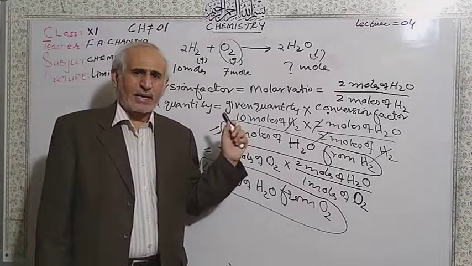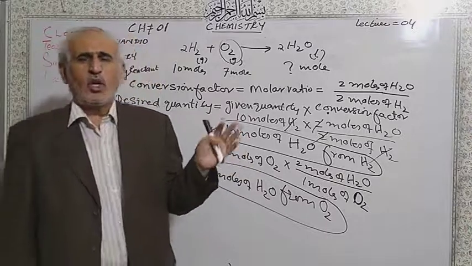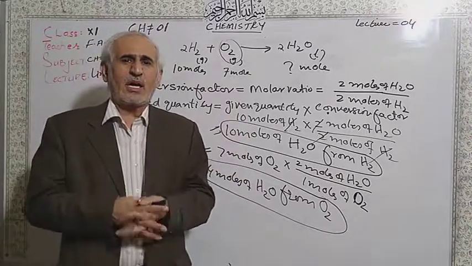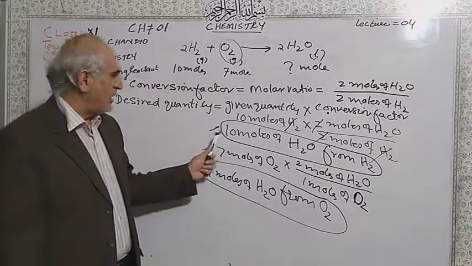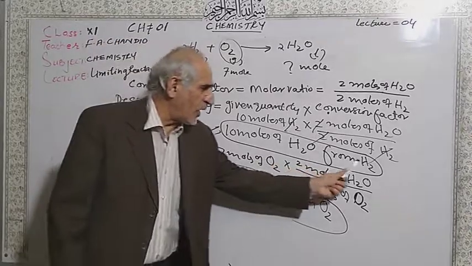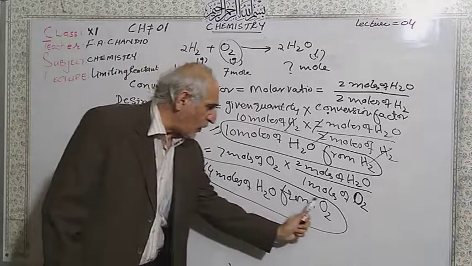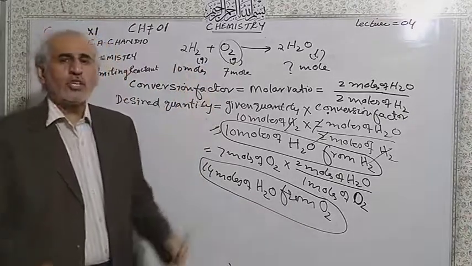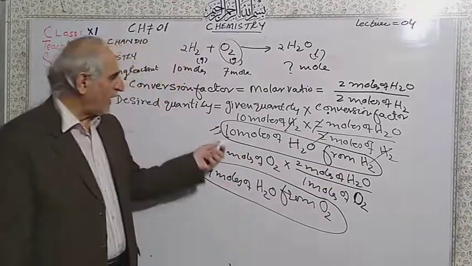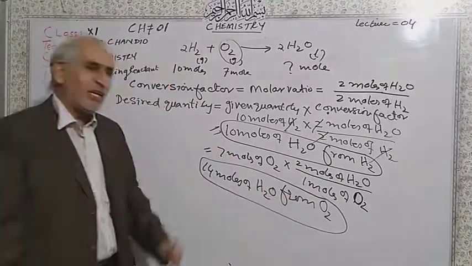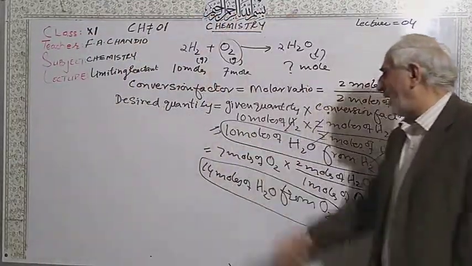The reagent which produces the least moles of the product is called the limiting reactant. So, dear students, 10 moles of water from the hydrogen reactant, 14 moles of water from the oxygen reactant. So, which will give least? Definitely hydrogen. Hydrogen gives 10 moles, oxygen gives 14 moles. So, which is the lesser moles? Definitely 10 moles is less.